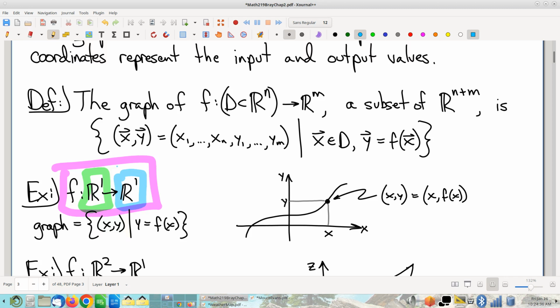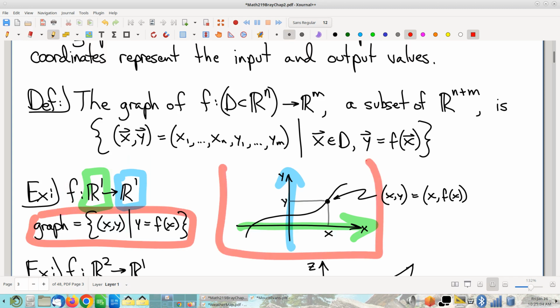So why are we drawing a two-dimensional picture? Right? There's something a little weird about that: we're drawing a picture. It's not in the domain. It's not in the target. It's in a totally different, made-up, manufactured world where I kind of take all the inputs and all the outputs and kind of smash them together to get this world where I can draw the graph. So, heads up, just something to be aware of.